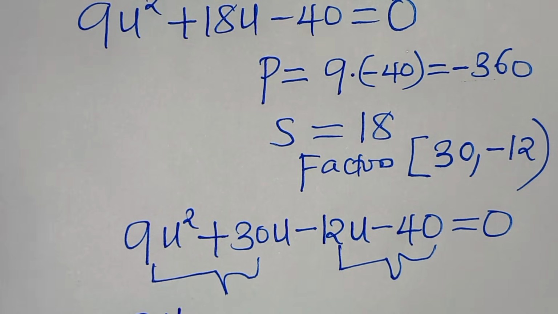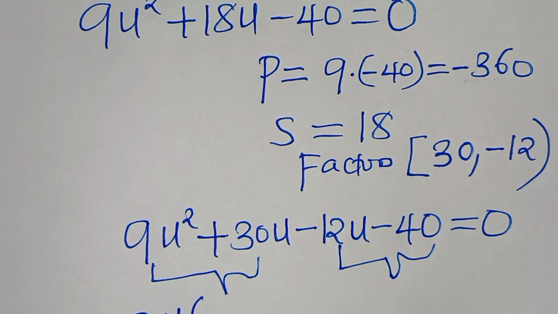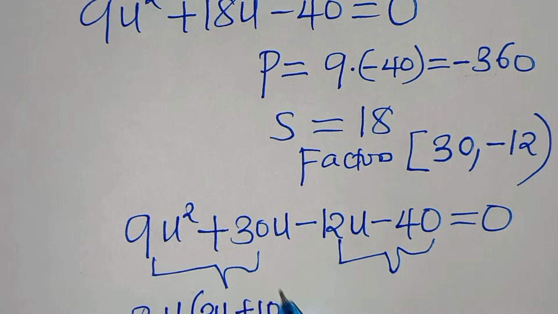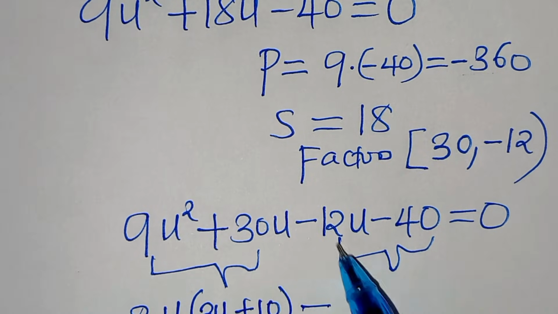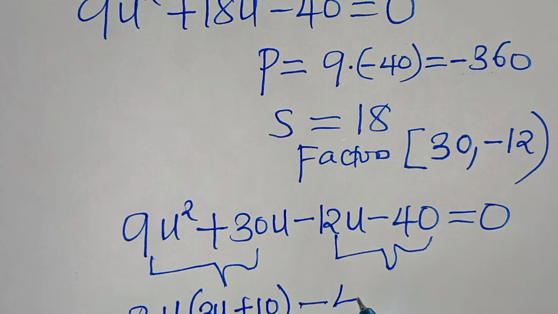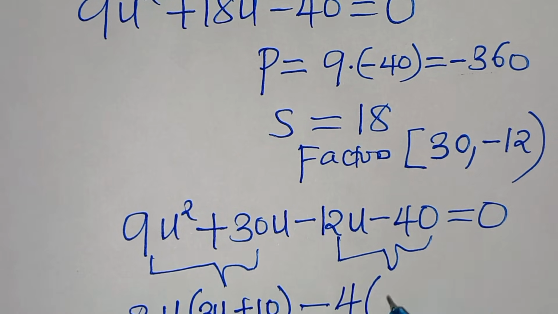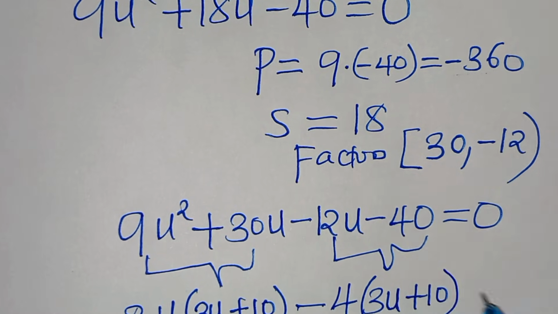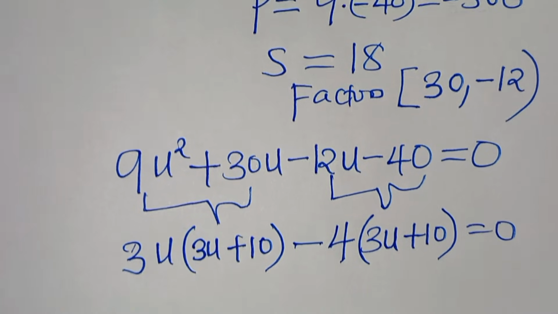So we have 3u into the parentheses. This is the same thing as 3u plus 10. Minus 12u minus 40. We have that here. 4 is common. So here we'll have 3u plus 10. This is equal to 0.